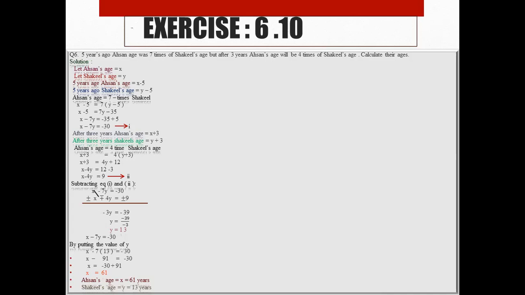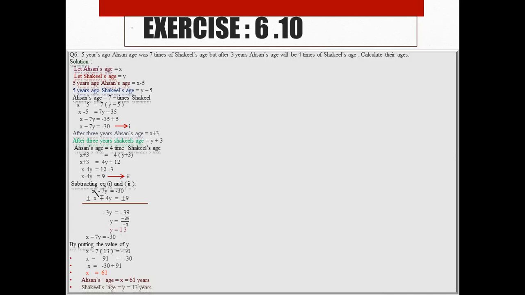X minus 7y is equal to minus 30 and x minus 4y is equal to 9. According to the subtraction rule, we change the sign of the second equation, and we change all the signs. X will convert into minus, 4y into plus, and 9 will be minus.